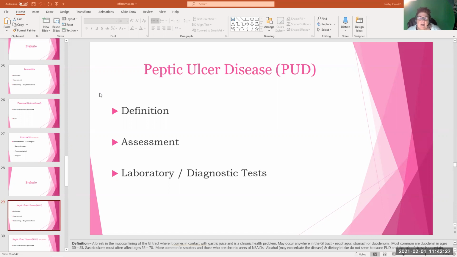The bacteria Helicobacter pylori infection is found in 70% of patients with PUD. It's spread from individual to individual by fecal-to-oral route, by contaminated water and or food preparation.